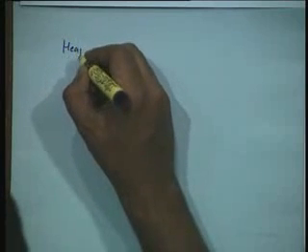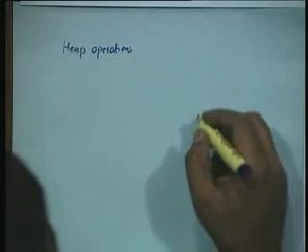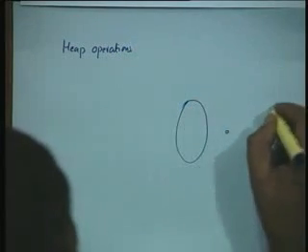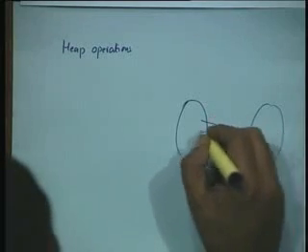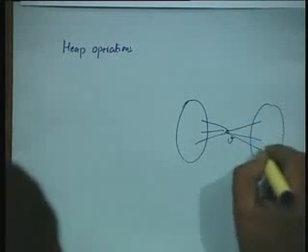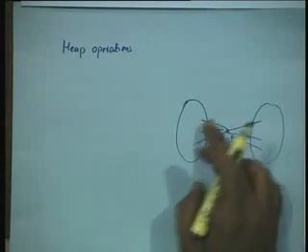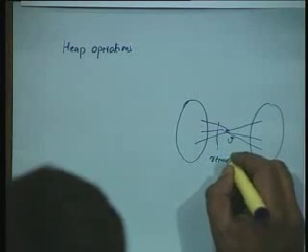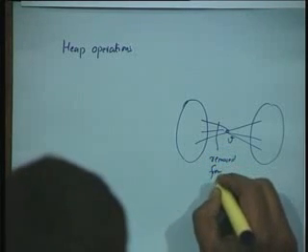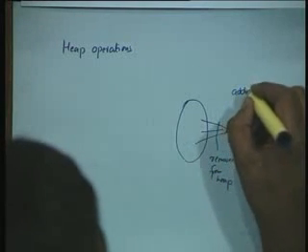So let's look at our heap operations. Let me draw this picture again for you. This is vertex V, and it's coming in on this side. So these edges have to be removed, and these edges have to be added.